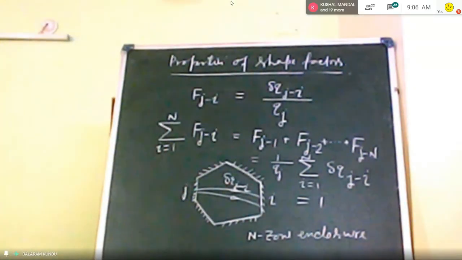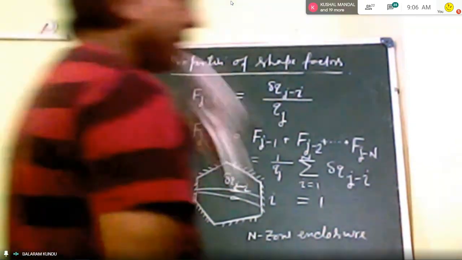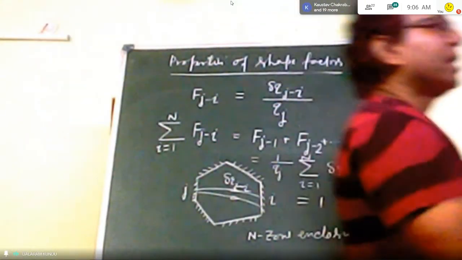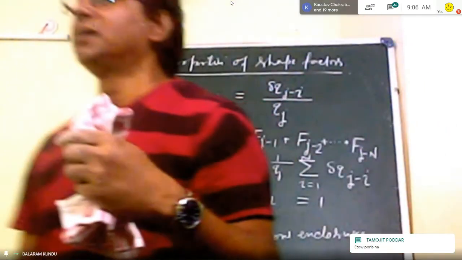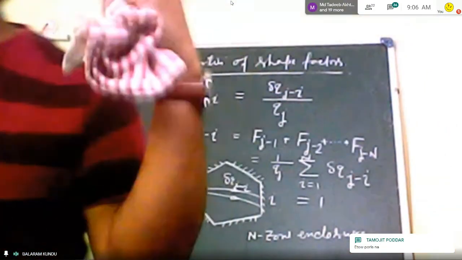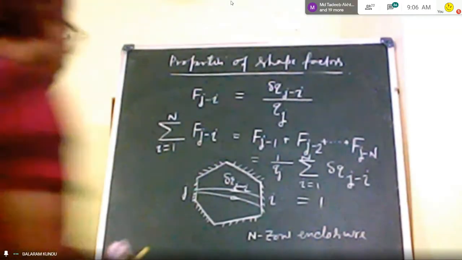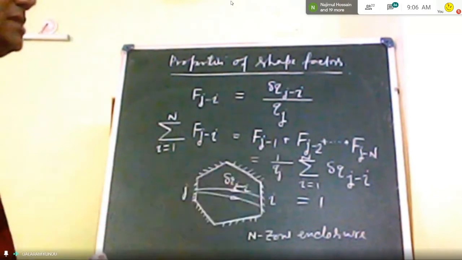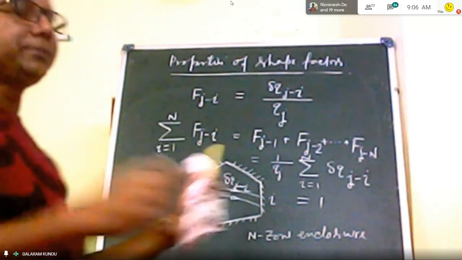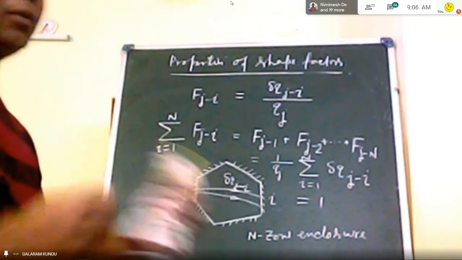Therefore, if we consider an enclosure, the sum of radiation shape factors will be 1. Whatever the number of zones, maybe 2 zones, maybe 3 zones, like this, the sum of shape factors will be 1.